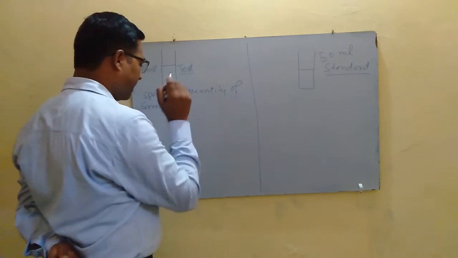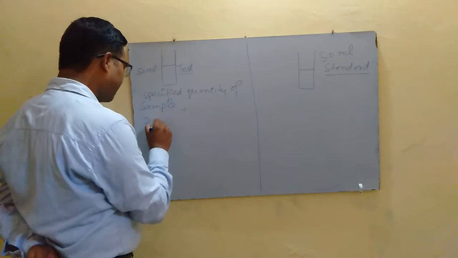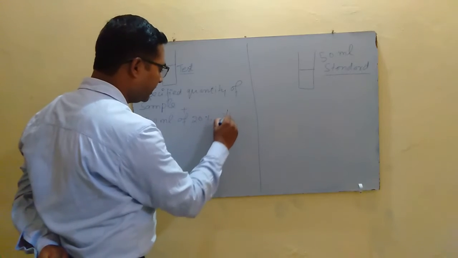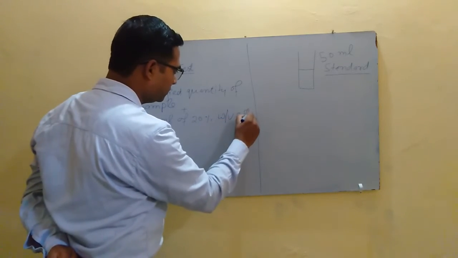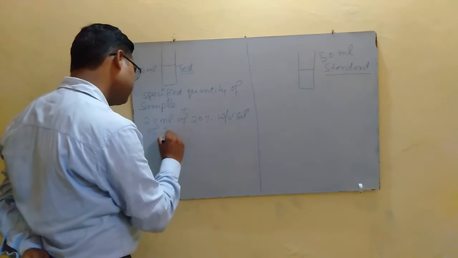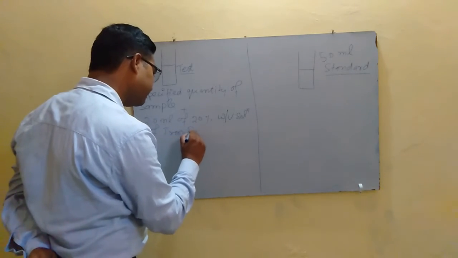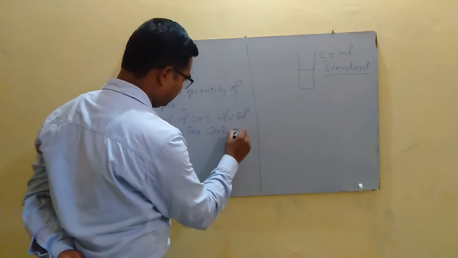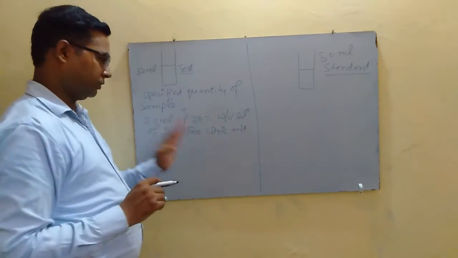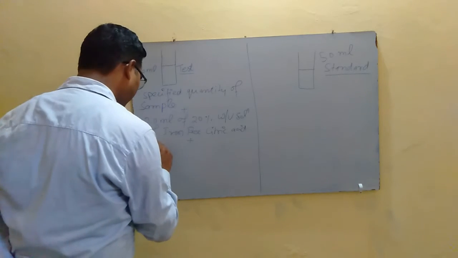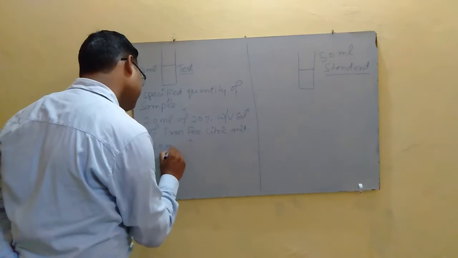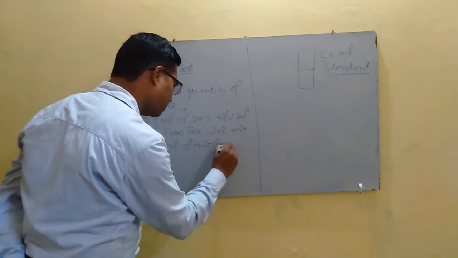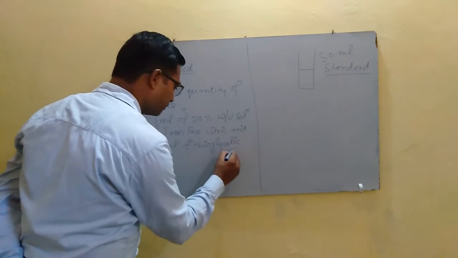Then we add 2 ml of 20% w/v iron-free citric acid solution and 1 ml of thioglycolic acid.